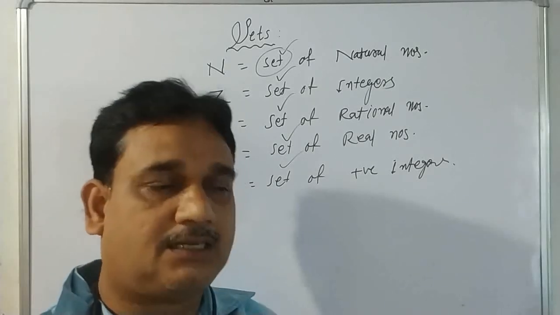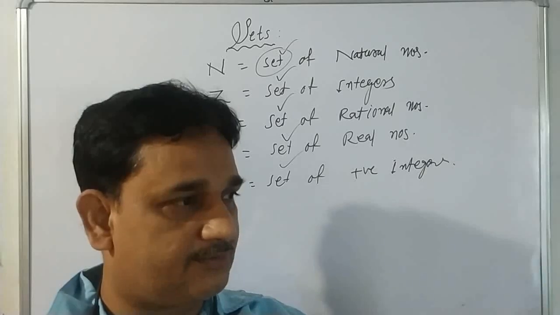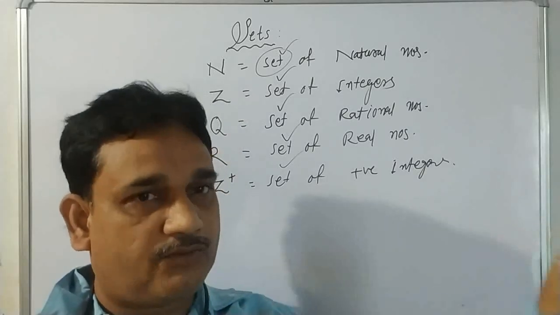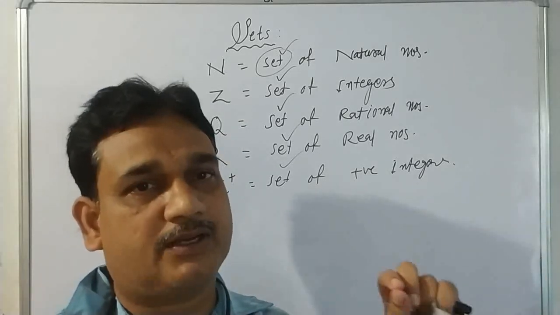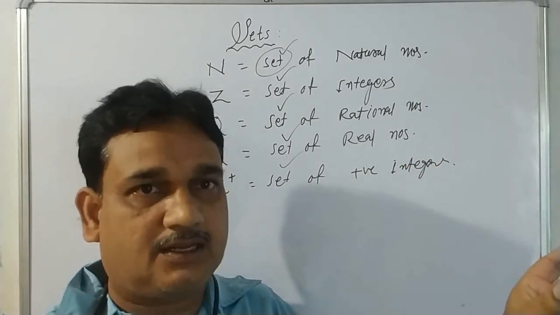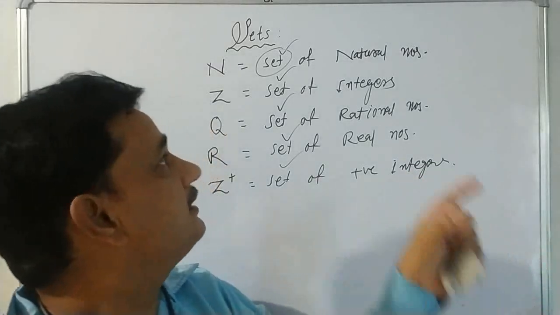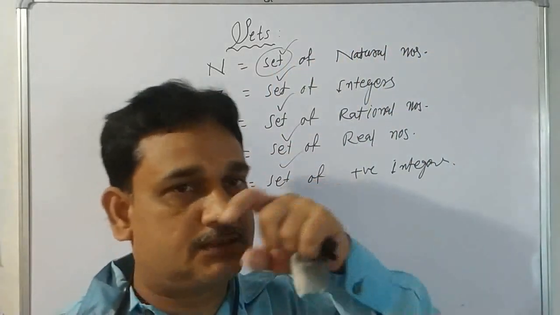You can't write one by one that this is satisfied with 1, with 2, with 3. Simply you can say that this statement or condition is satisfied with the set of natural numbers.